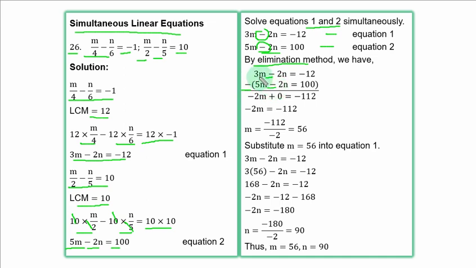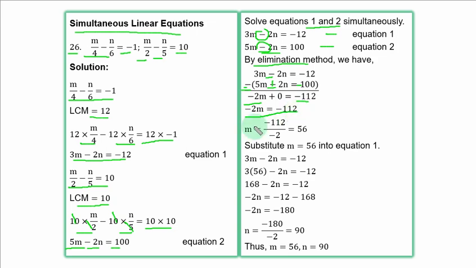Now 3m minus 5m, you have minus 2m. The effect of this minus turns here to be plus, so that minus 2n plus 2n is 0. Here is negative by the effect of this minus, so that minus 12 minus 100, you have minus 112, and you have it in this form.